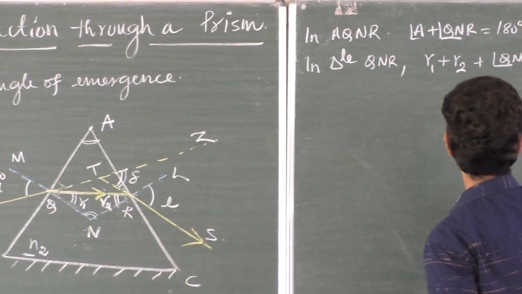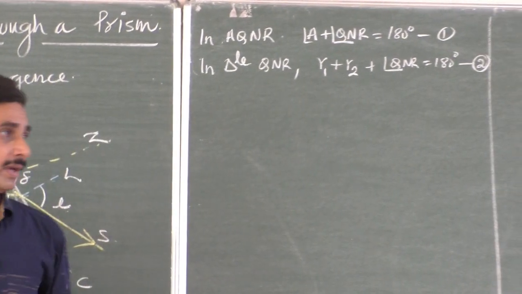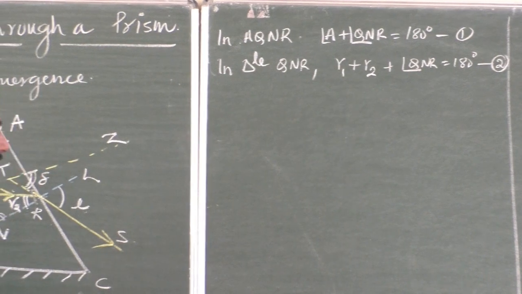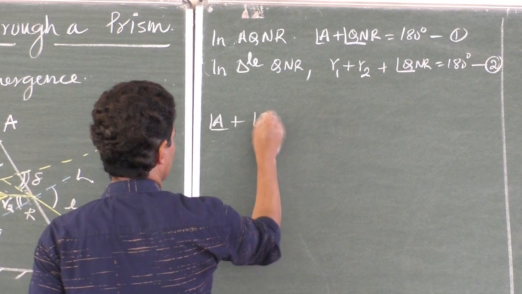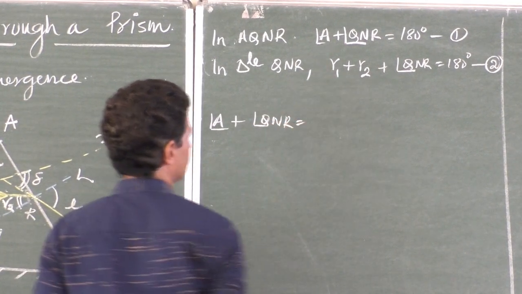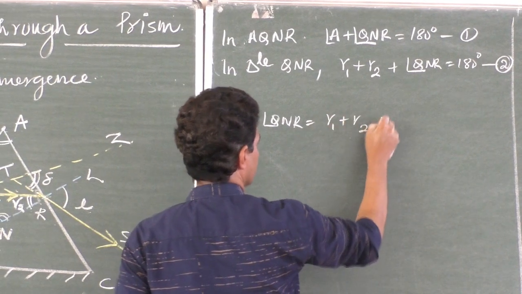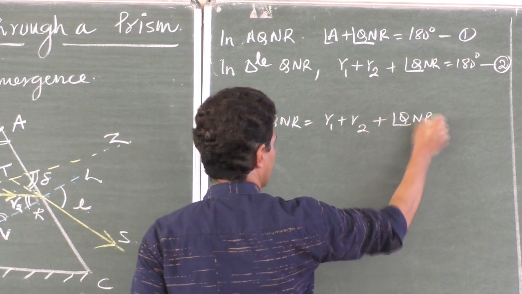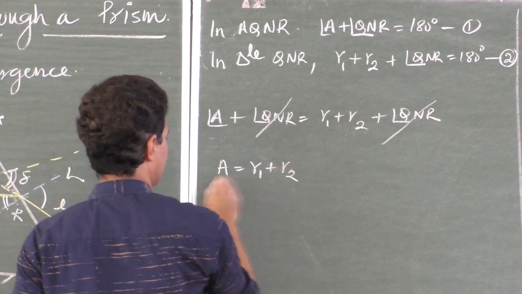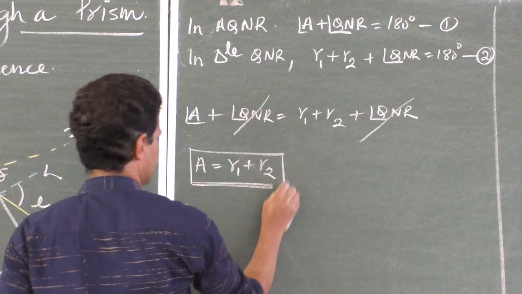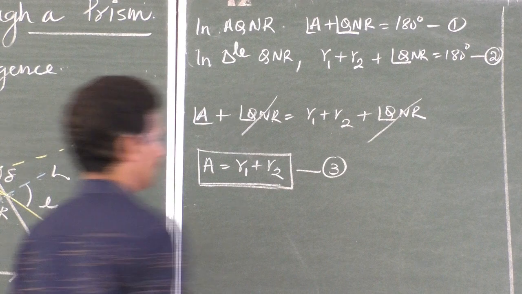So you have two equations in which the right hand sides are equal, 180. So why can't you compare the left hand sides? A plus QNR, left hand side of the first equation, equals left hand side of the second equation, R1 plus R2 plus QNR. QNR gets cancelled. What you will get? Angle A is equal to R1 plus R2. I will simply write A because it is angle A itself. This is the equation that you get, and let me name it as third equation.